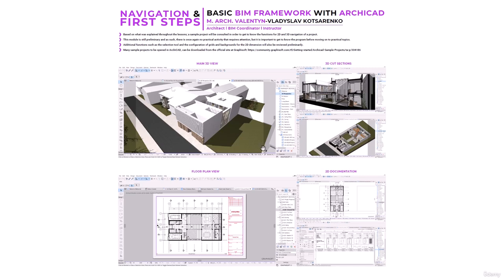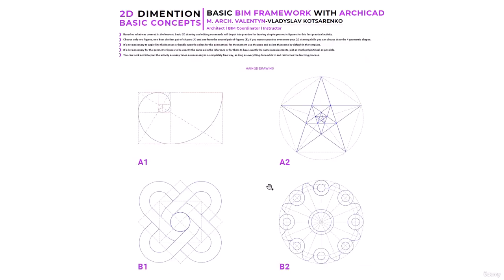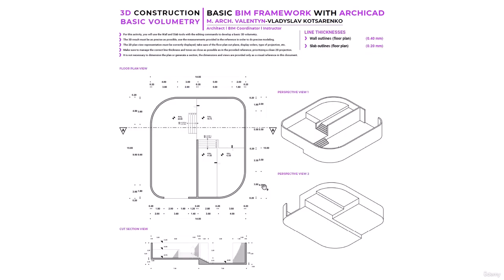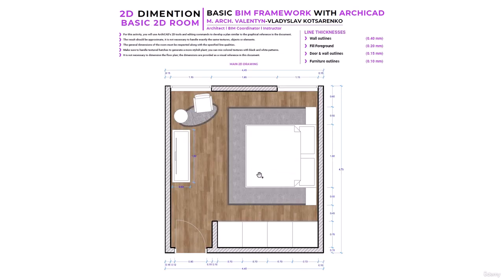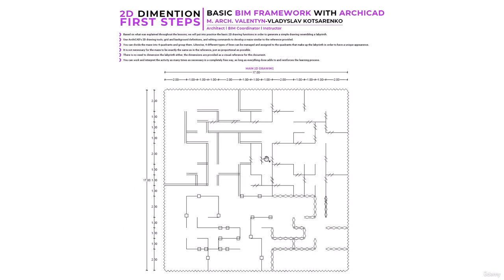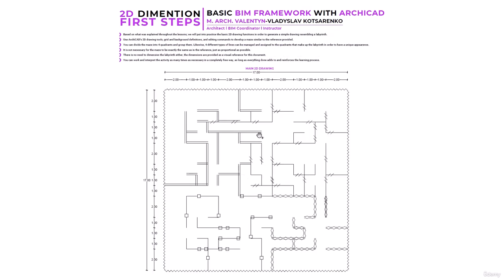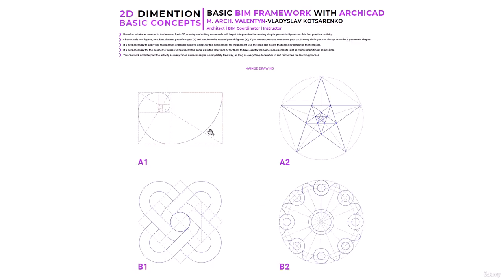Once we dominate the navigation of the project, the next sections are just about 2D concepts, because in order to start covering 3D concepts, first we need to dominate the different ideas and workflows behind the 2D concepts. We're going to start with something as easy as this drawing over here, then we're going to jump into a little bit more complex types of drawings, commands, everything related to how you can manage 2D lines and 2D drawings.